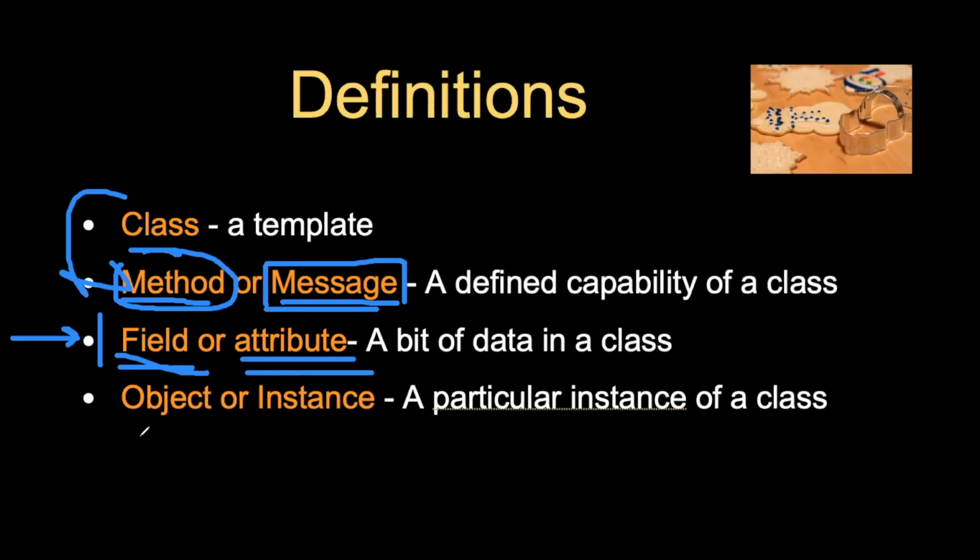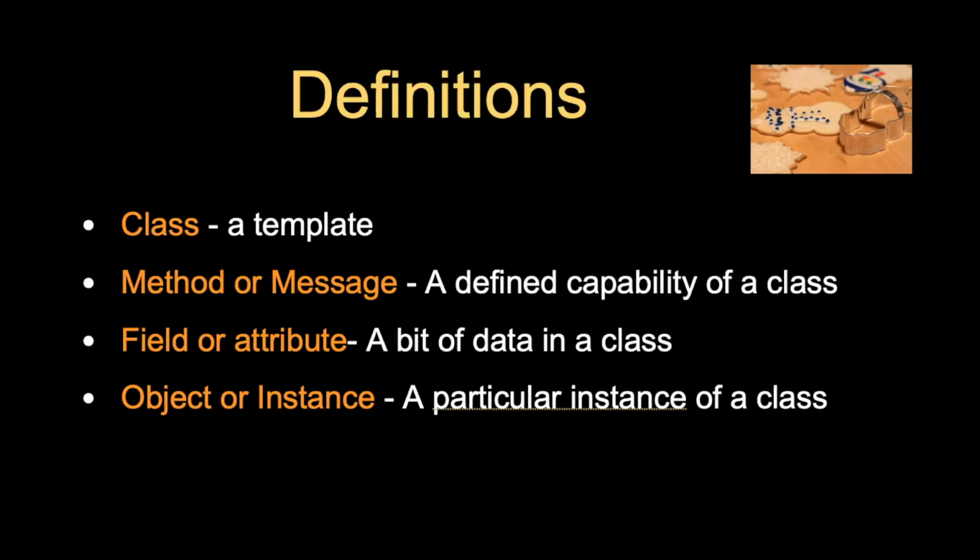I want you to remember though, at runtime, this is all static, right? This is what happens when you use your mouse to draw things, and there are so many different things going on at the same time. So these three are static.